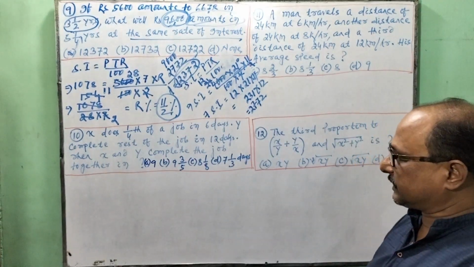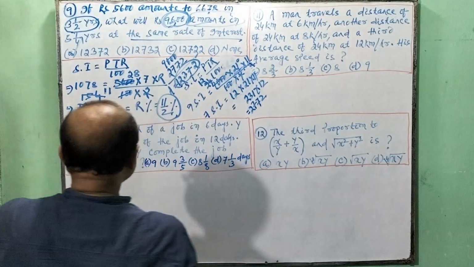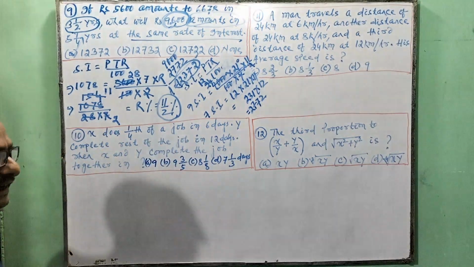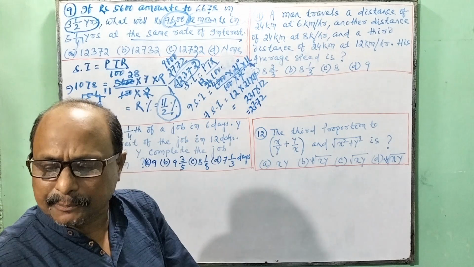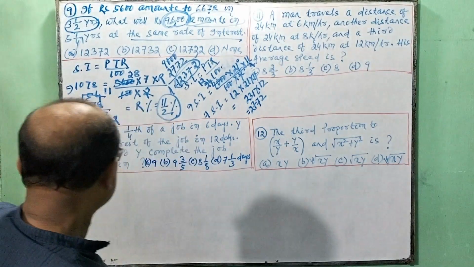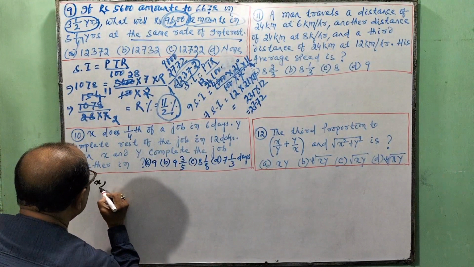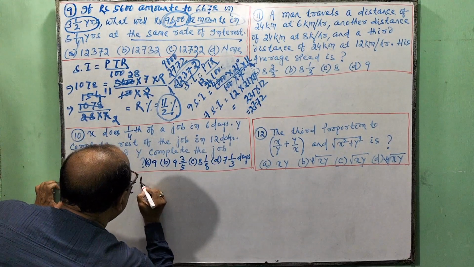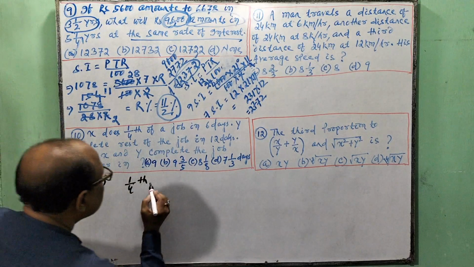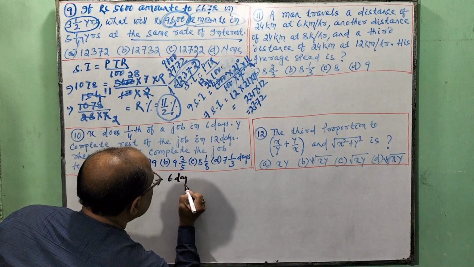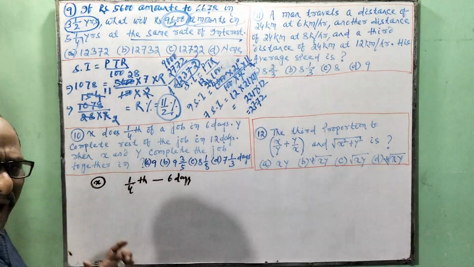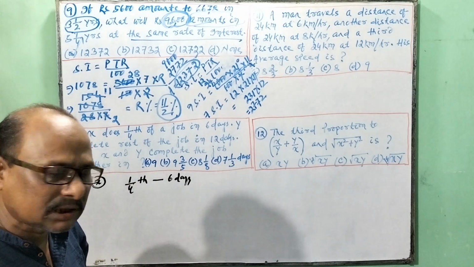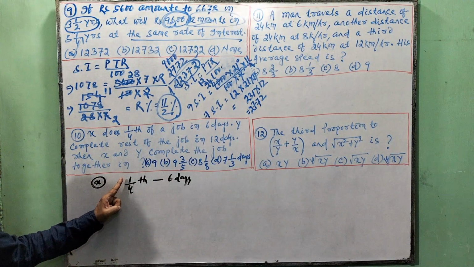Next, come to number 10. X does 1/4 of a job in 6 days. This means the work is divisible into 4 parts, and 1 part he has done in 6 days.